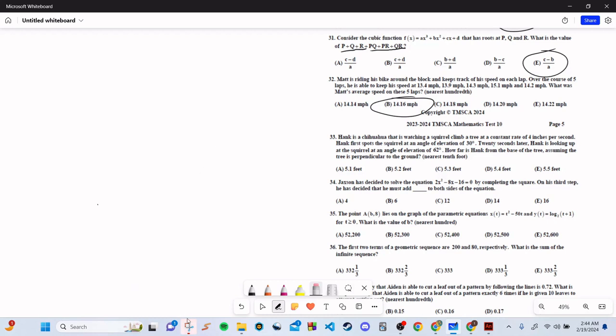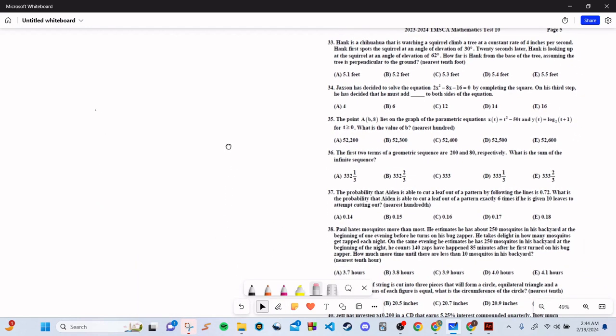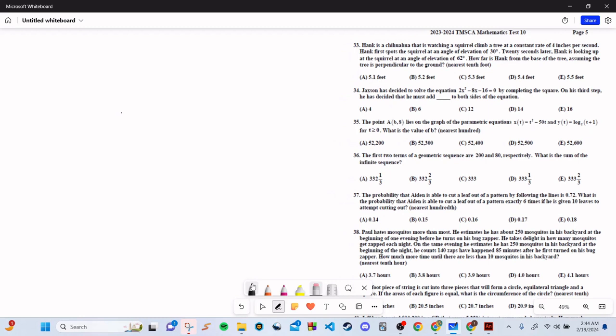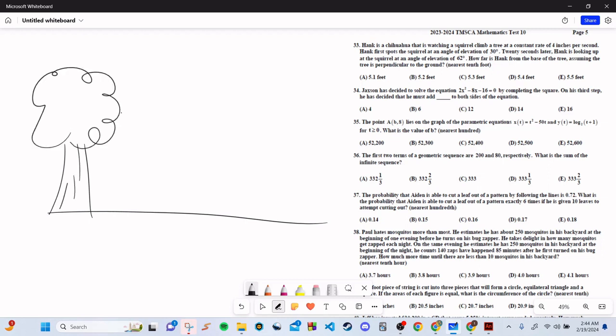Okay, so question 33. Hank is a chihuahua, and he's watching a squirrel climb a tree. Might as well draw it. Got a tree. So let's call this black dot the squirrel, and this black dot here, the chihuahua.